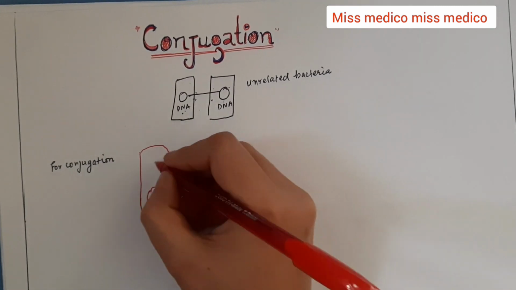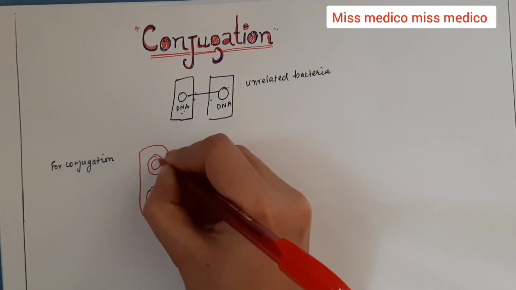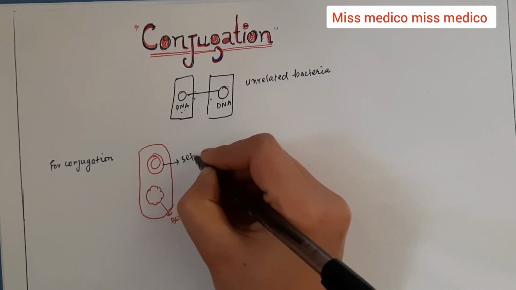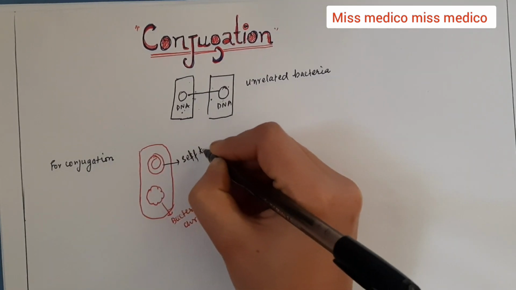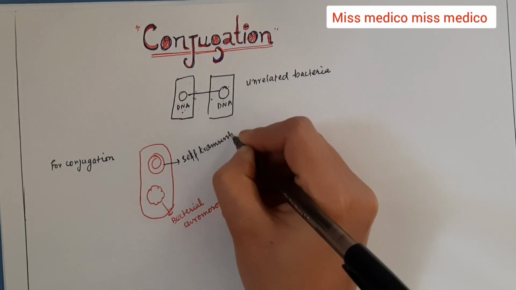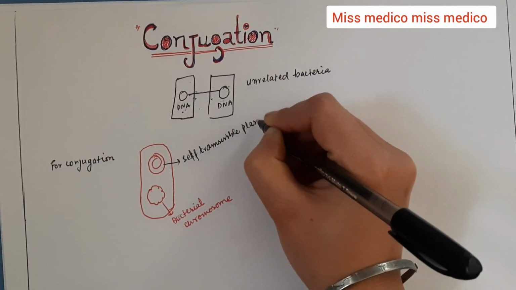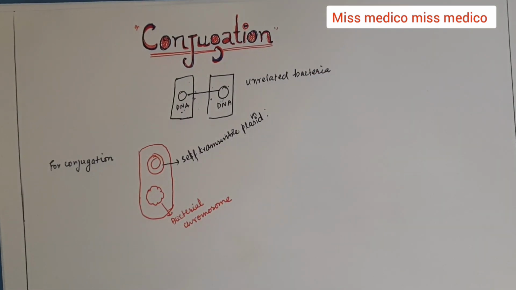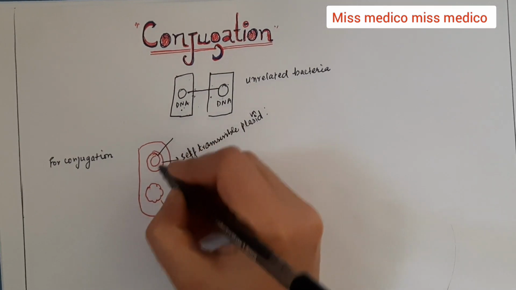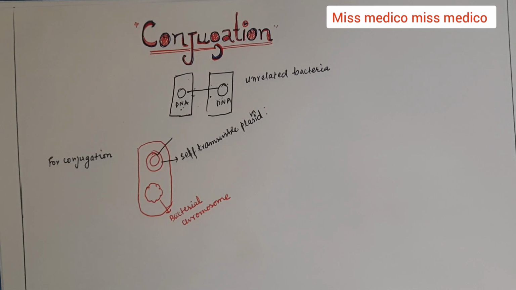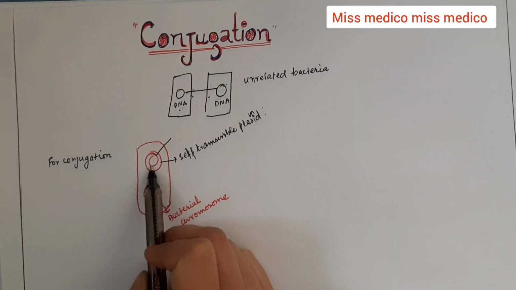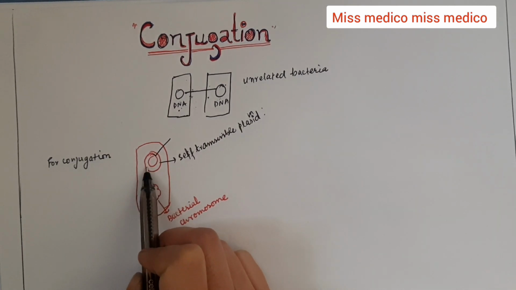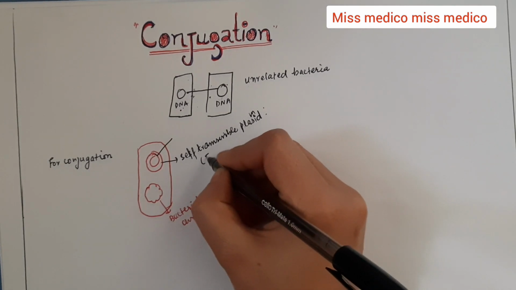One bacteria must have this structure that we call a self transmissible plasmid. So for the conjugation process to occur, one bacteria must possess this circular, double stranded, extra DNA called a self transmissible plasmid, also called F plasmid.